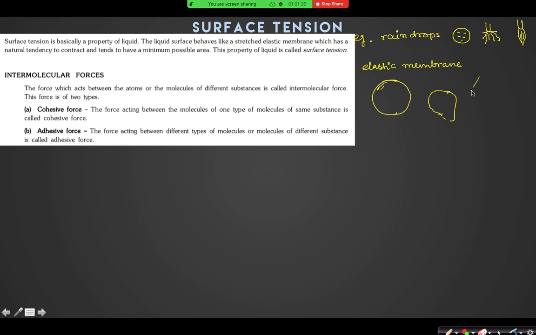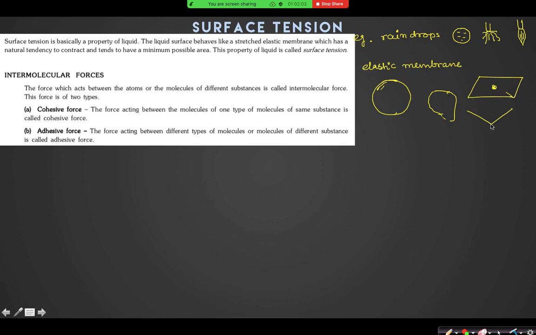Suppose you have a horizontal elastic membrane like this, and if you put some weight on this elastic membrane, you will find that the elastic membrane will come down like this, right? In this particular condition, the surface area of this elastic membrane is more than what it was initially.